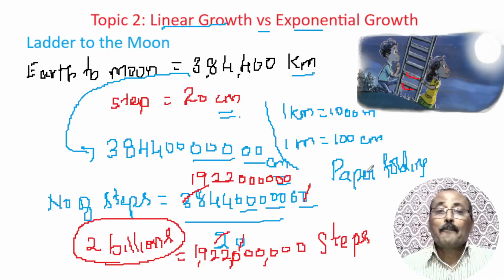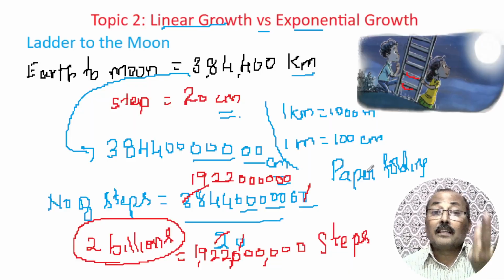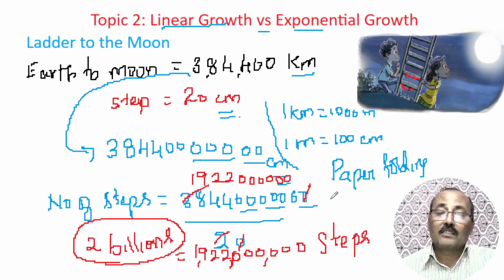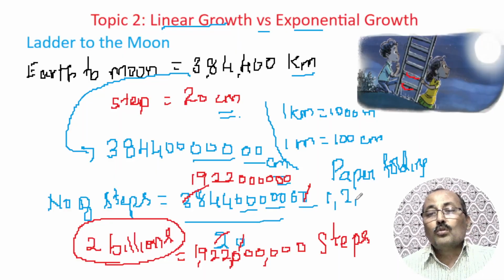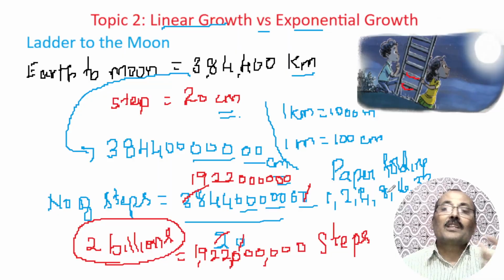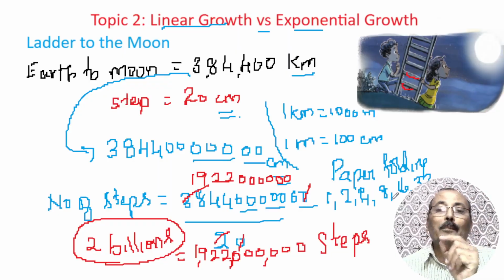Again, I am saying 2 will become 4, 4 will become 8, 8 will become 16, 16 will become 32. Then with that many folds, it will grow quickly. So 1, 2, 4, 8, 16, 32. Suppose the thickness of the paper we have taken as an example is 0.01 centimeter. What will it be for 4 folds into 0.01?